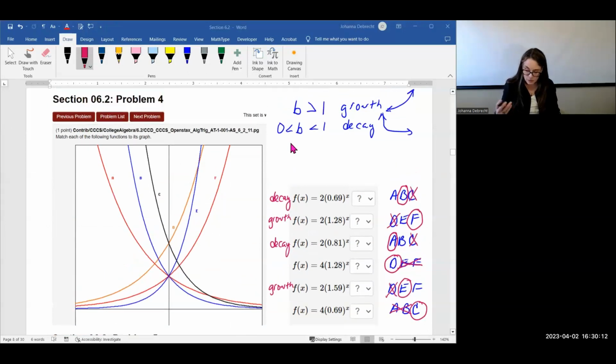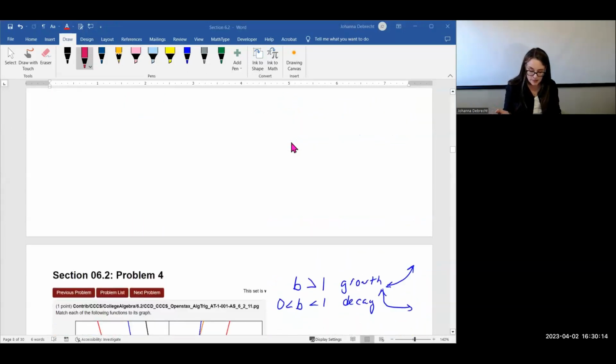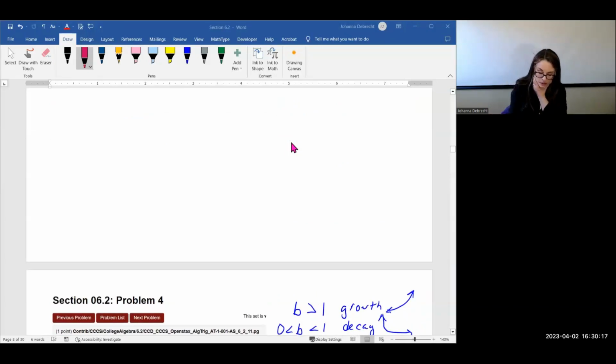So I think I said we have y equals 0.6 to the x, and we have y equals 0.8 to the x, and we have y equals 0.1 to the x.